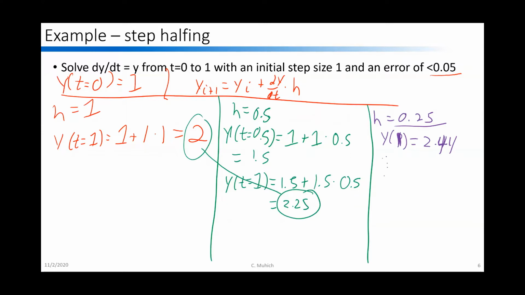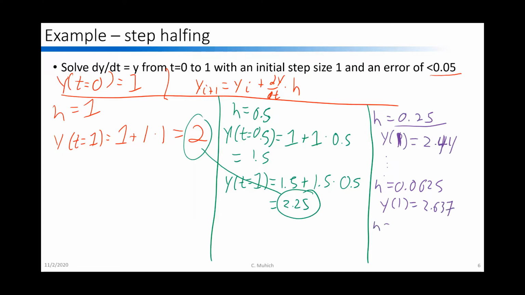And I'm not going to do all this out, but finally, when I get to h equals 0.0625, I find that y1 is equal to 2.637.